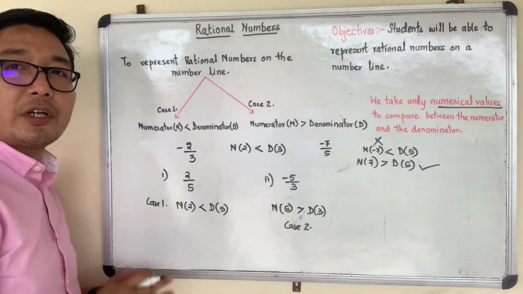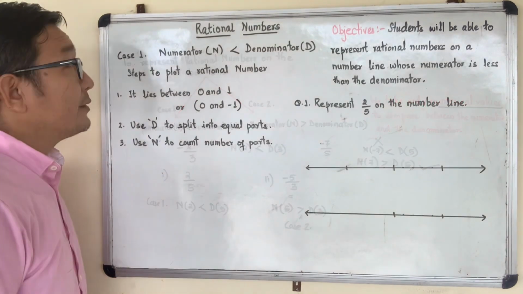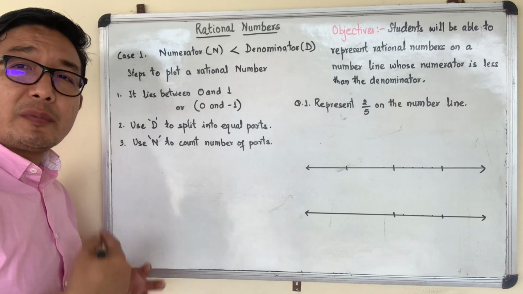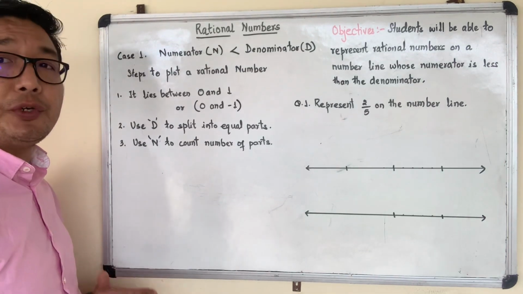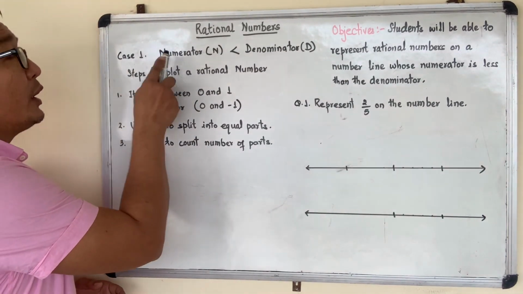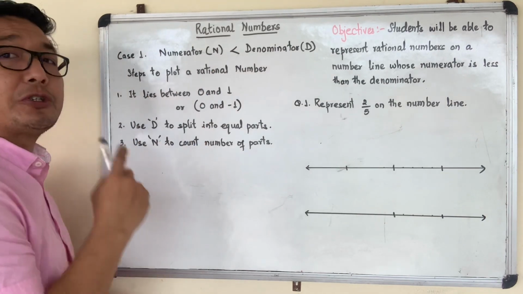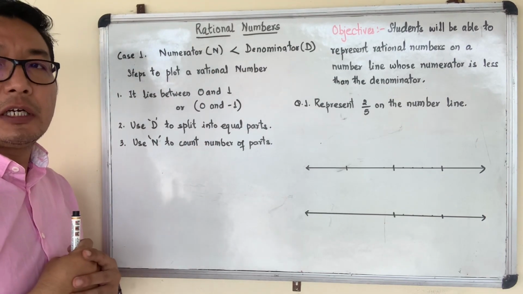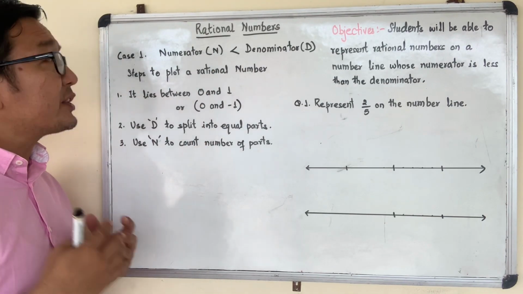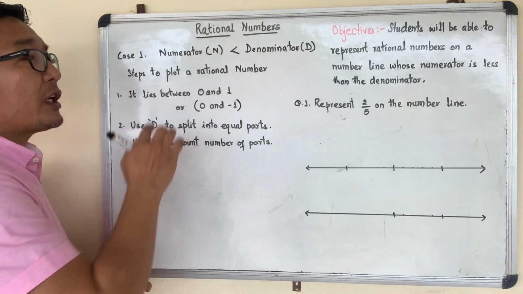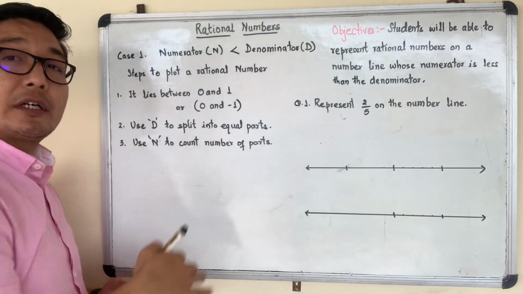Steps to plot a rational number on the number line.